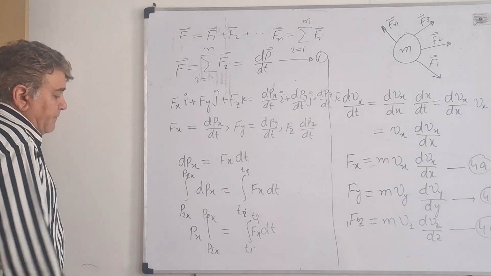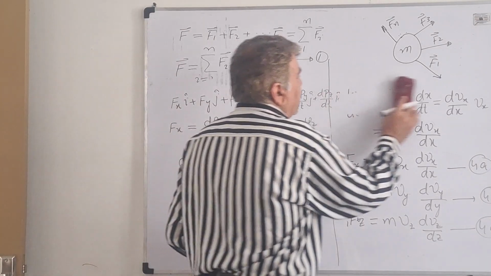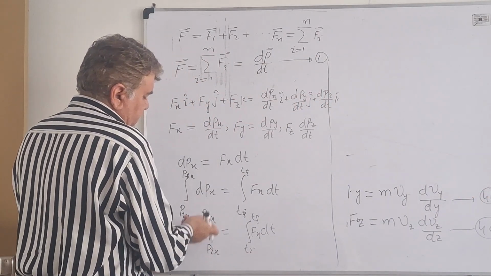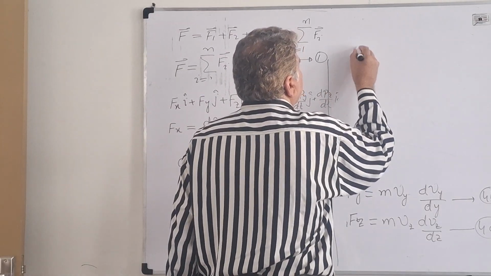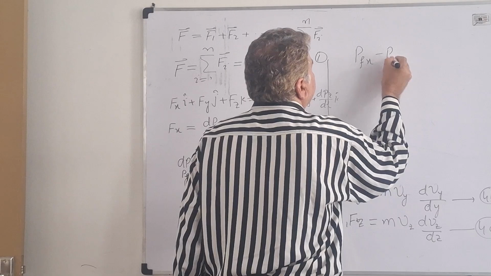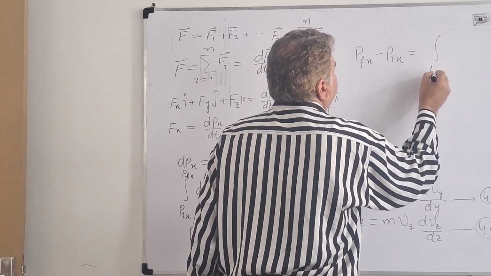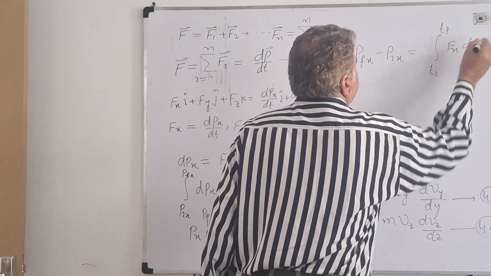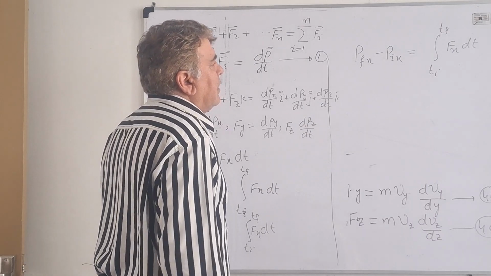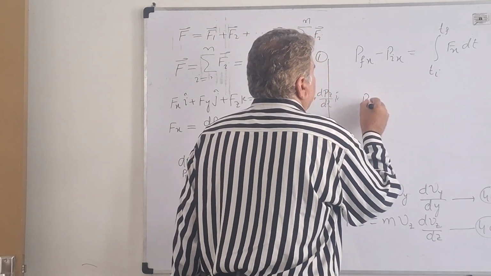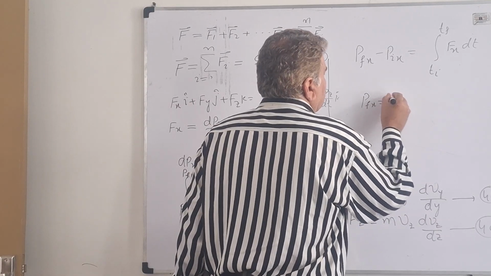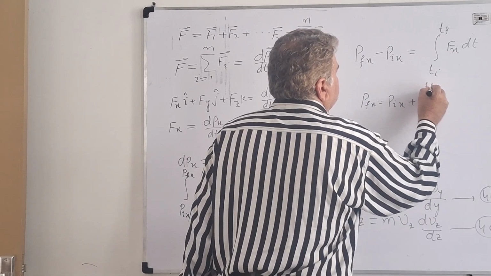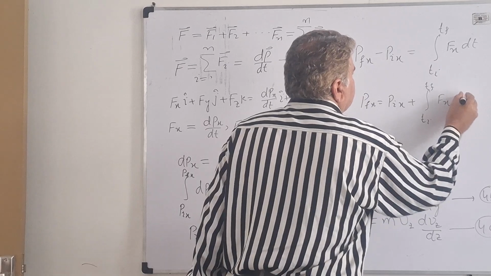And from this side, I can substitute the limits to write pfx minus pix equals the integral from ti to tf of F sub x dt. Or I can write pfx equal to pix plus the integral from ti to tf of F sub x dt.